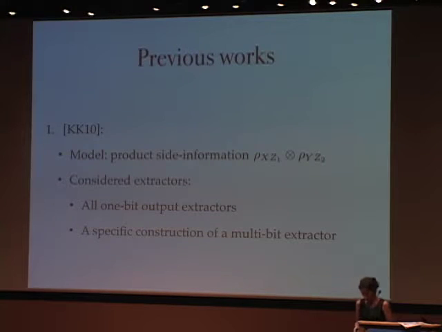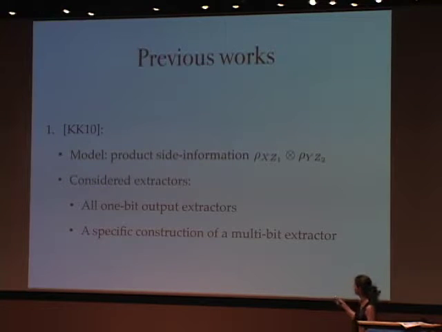So a few words about previous works. There are only two previous works on this topic. The first was the one I just mentioned by Kasher and Kempe. They considered just product side information. Here the two sources are X and Y, and the side information is divided into Z1 and Z2, where Z1 is just side information about X, and Z2 is just about Y, and we have this tensor product form.